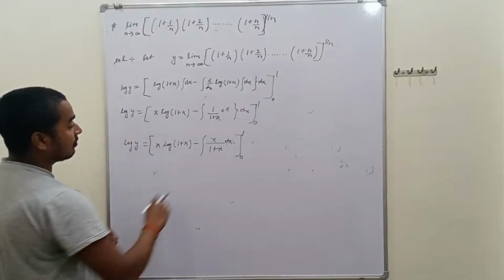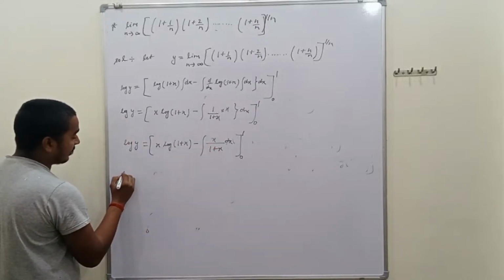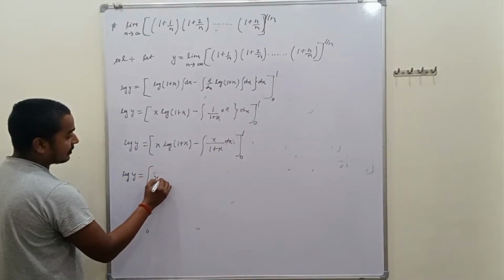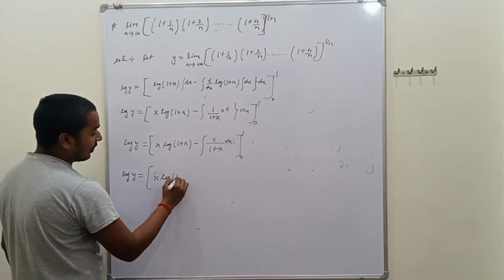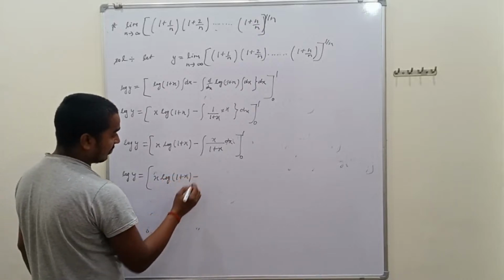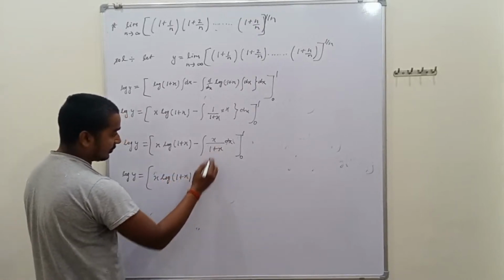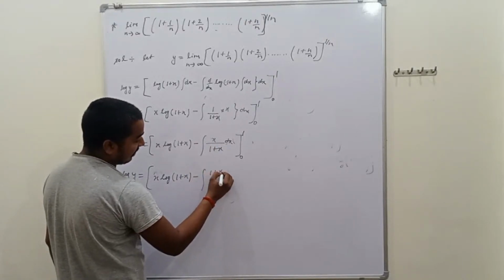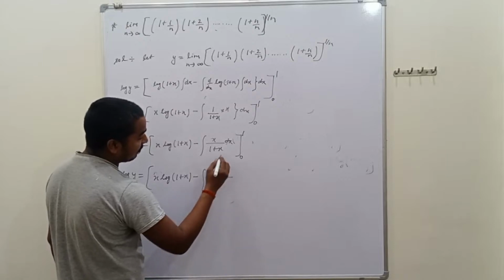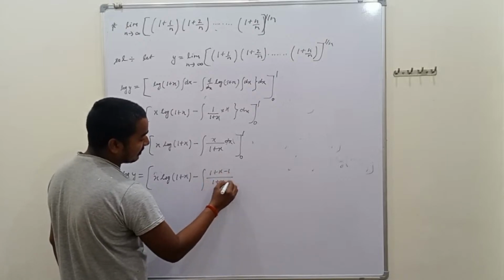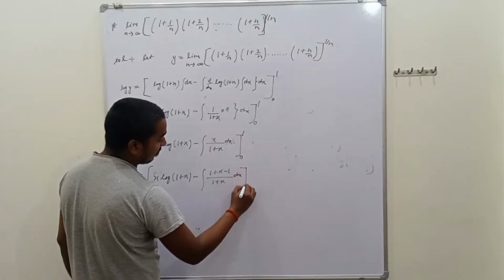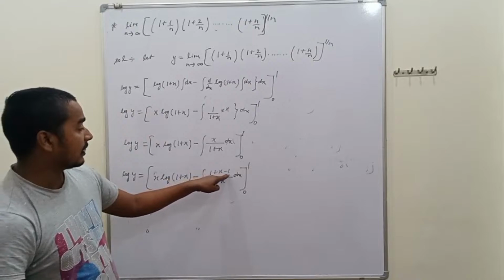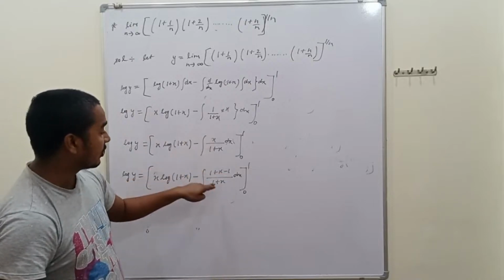We have to solve the second part of the integration, that is log y is equal to x log(1 + x) minus, when solving, we have to write 1 + x minus x in the numerator and 1 + x in the denominator dx, and the limit is 0 to 1. From here, nothing to change, minus to minus is cancelled, remaining is x upon 1 + x.